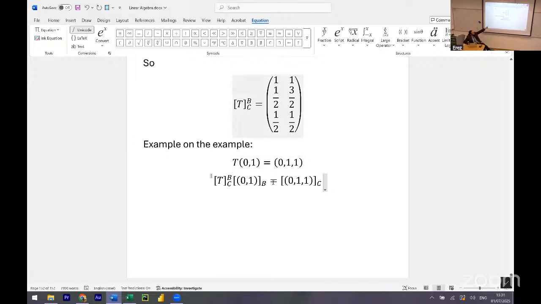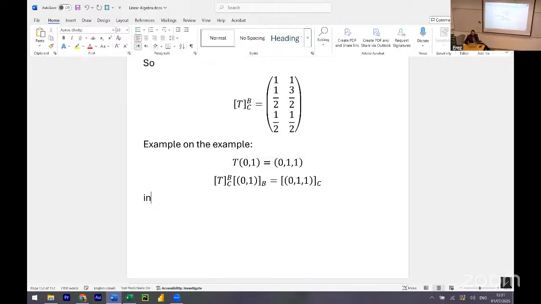The matrix is this. We can find the coordinates by C because we have a formula up there. The only thing we'll have to do is to find the coordinates of (0, 1) by B. That we'll do using guesswork. It's rather easy. We can calculate it by the way we learn, but here it's easy. I chose the vector in advance, so it will be easy.